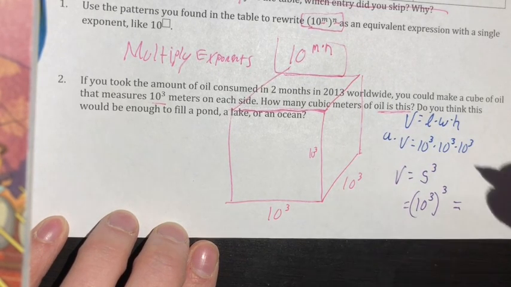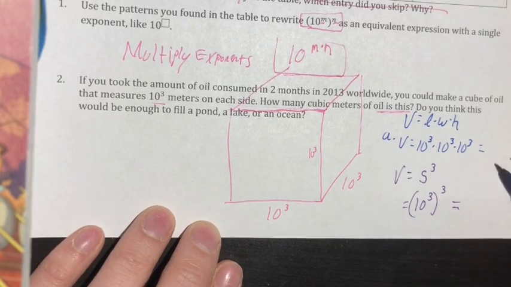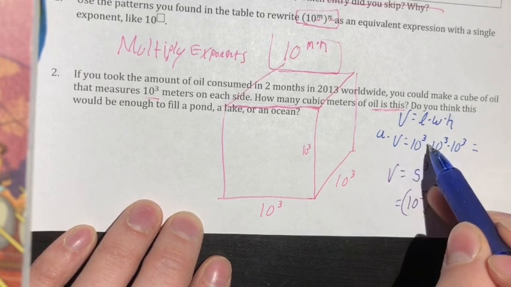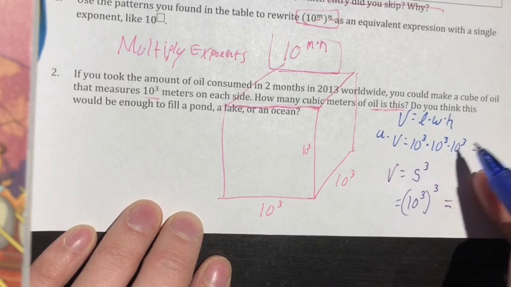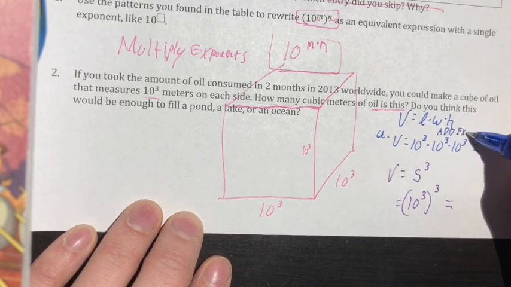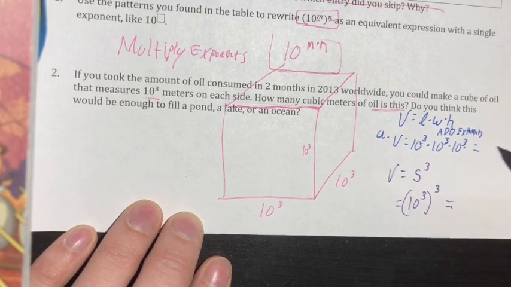So what do you get for each of these answers? Give it a pause. You should get the same number for both. Give it a try. So if you do this one, we're multiplying powers. So what do you do to our exponents? Add exponents. So 3 plus 3 is 6, plus 3 is 9.